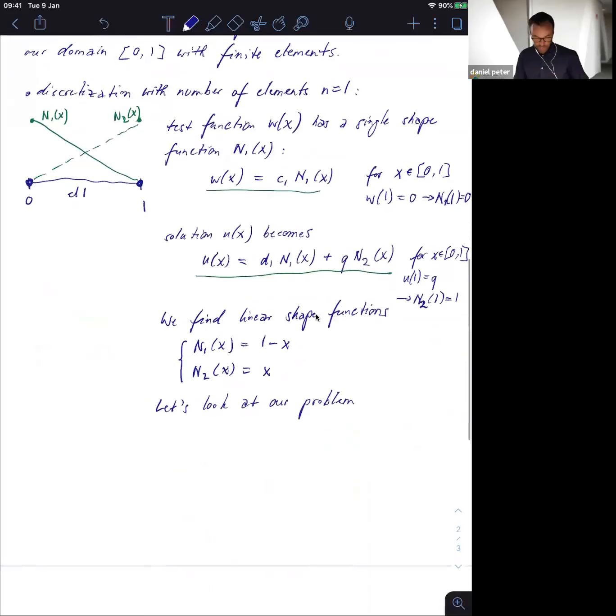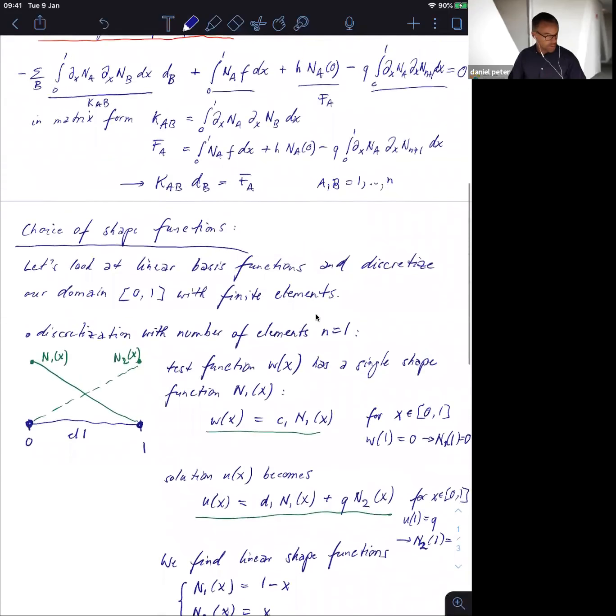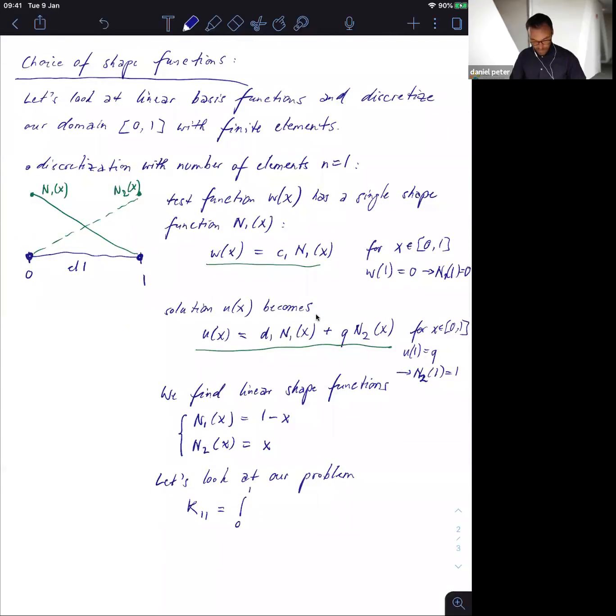So the only stiffness element that we have is K11, which is the integral from 0 to 1 of the derivative of N_A, which is N1, times the derivative of N_B, also N1, dx.